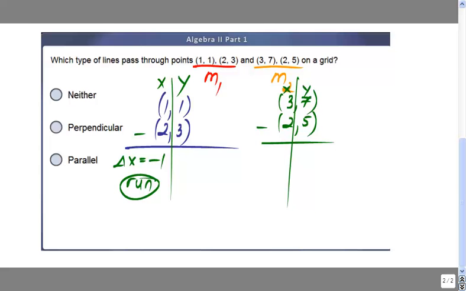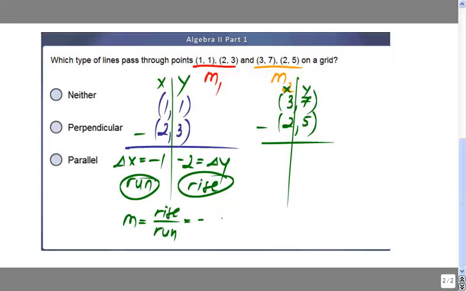On the other side, 1 minus 3 is going to be -2, and that's your change in y, which is your rise. You guys remember that your slope is rise over run, or change in y over change in x, and in this case will be what? Change in y, -2 over -1, which gives you a slope of 2.